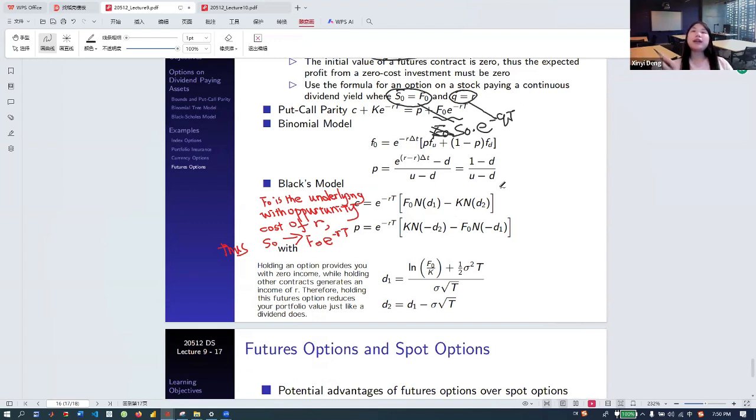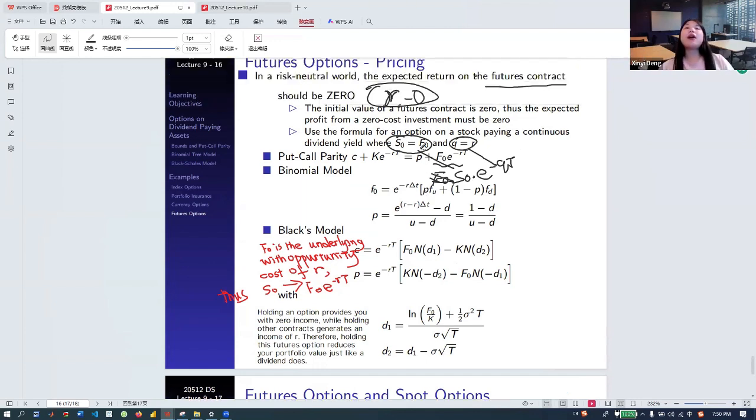Also recall that for the general formula of the binomial model with continuous dividend yield, the risk neutral probability is calculated differently, right? It's calculated as e to the power of (r minus q) times delta t minus d, and then divided by u minus d.